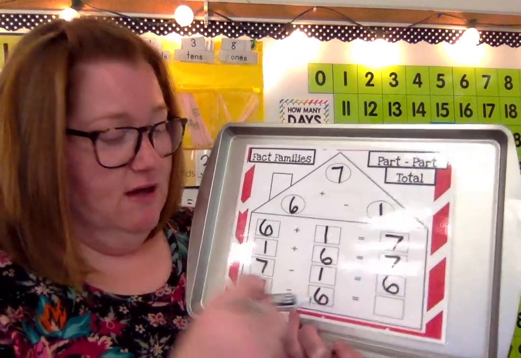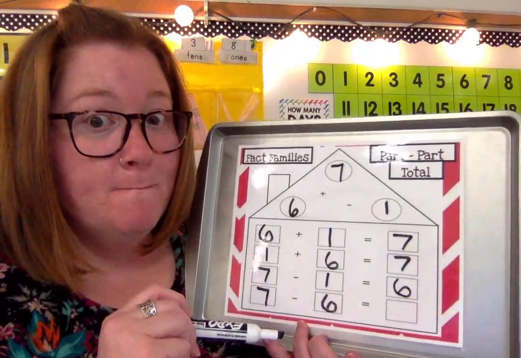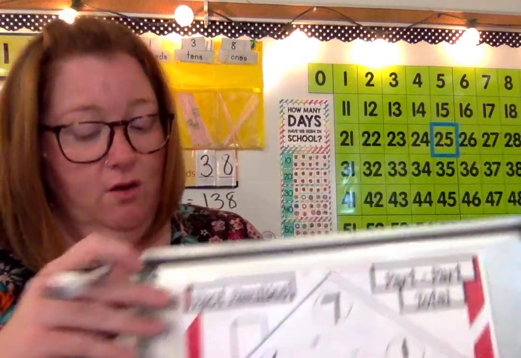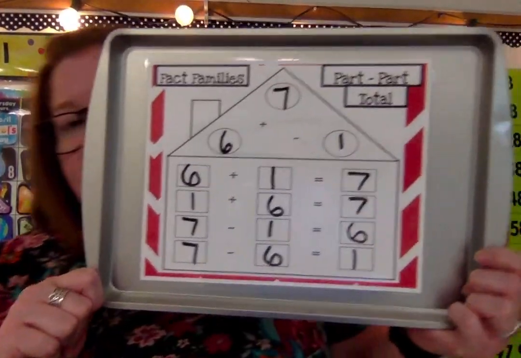So then 7 take away 6 should equal 1. We can always check it if we don't remember those facts. I'm going to tell you it is right, but 7 take away 1, there's 6. 7 take away 6, I know 6 is 5 and 1. 1 more are left. 7 take away 6 does equal 1.